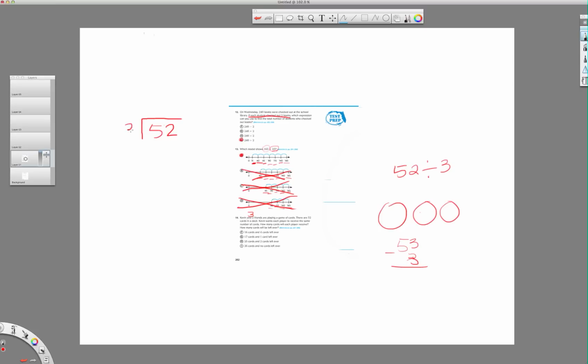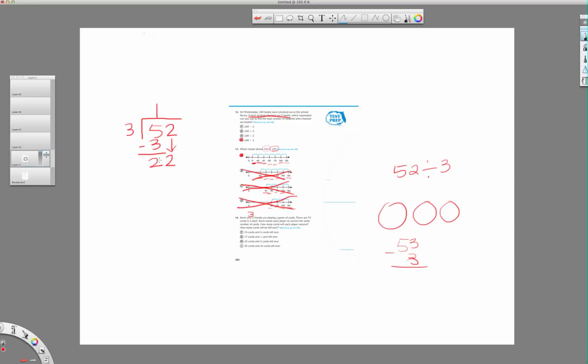So I have 52 divided by 3. I ask myself, how many times does 3 fit into 5? It can fit in 1 time. 1 times 3 is 3. So when I subtract 5 minus 3, I get 2. I bring down my 2. So now I have 22 here, and I ask myself, how many times does 3 fit into 22? Well, we can do that by counting by 3s until we get as close to 22 as possible.